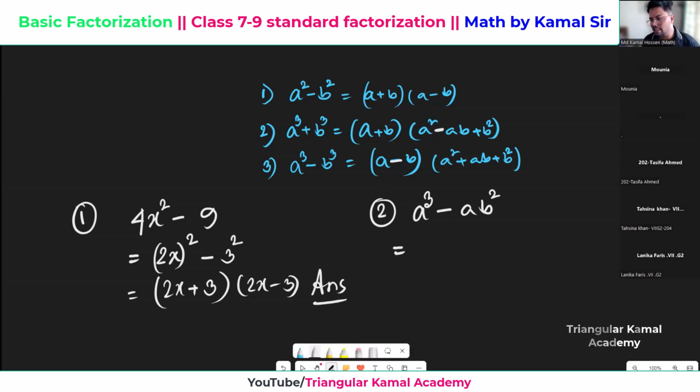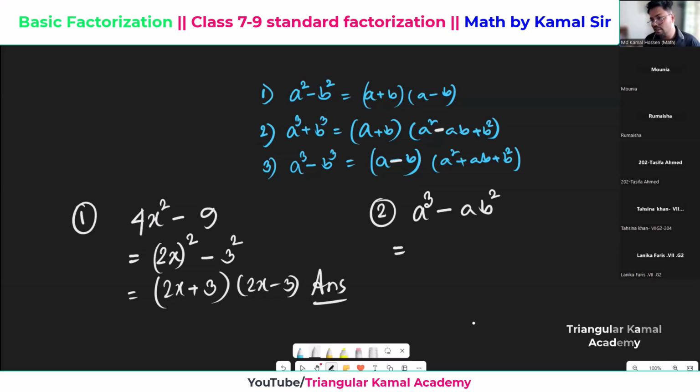Tasifa and Tasnia, Lanika, Monia. There are only 6 students connected with us. Who is absent here? I think Madiha, Tanya. Okay. A cube minus a b square.